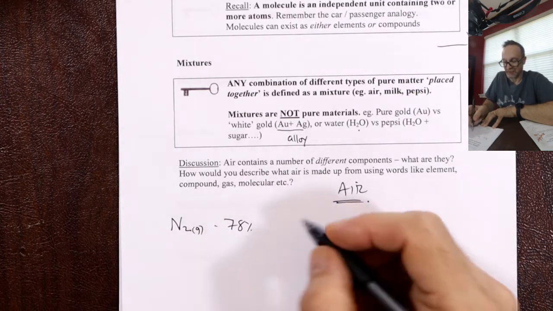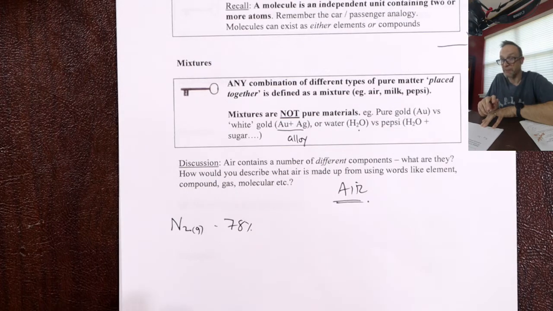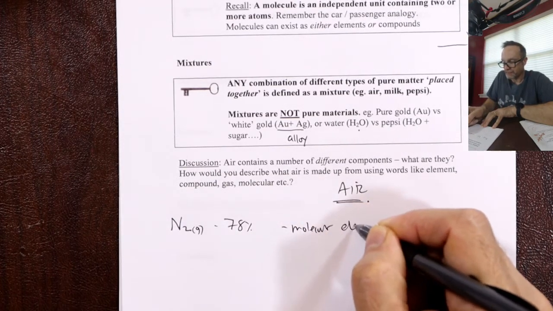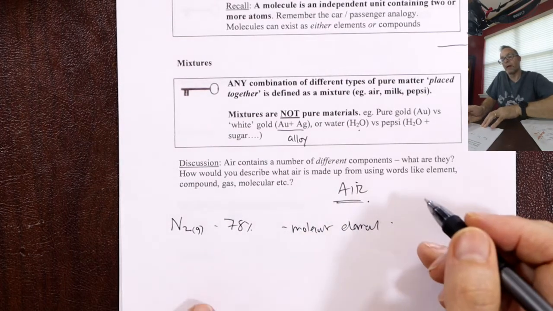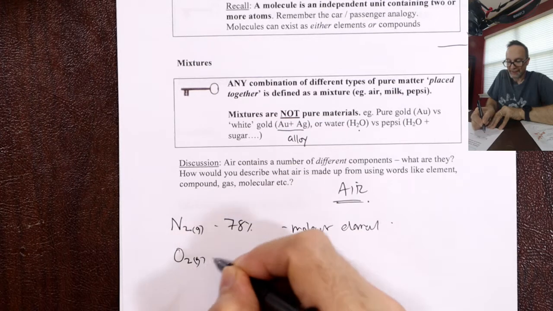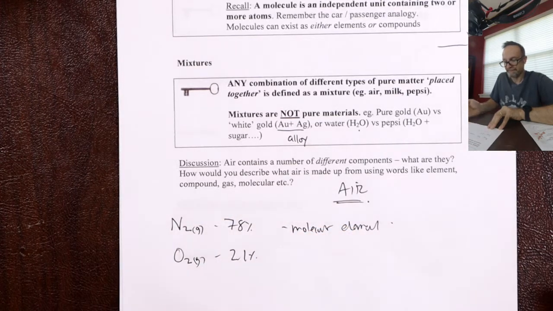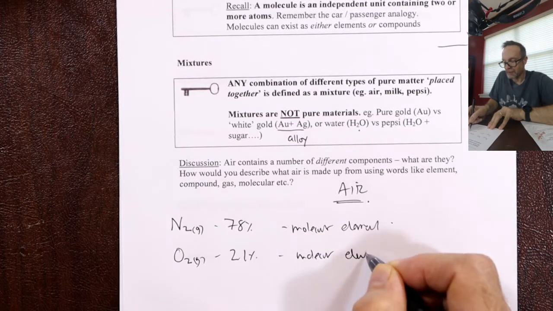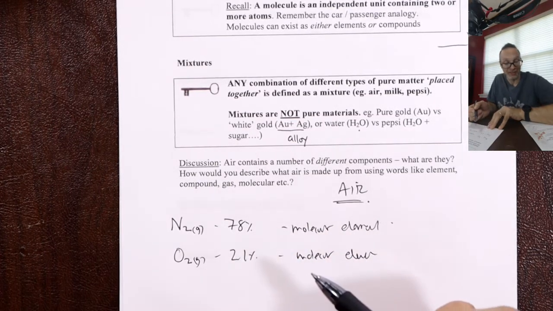But if you just had nitrogen by itself, right, what would it be? It would be a molecular element. Okay. The second biggest component of air is actually O2. That's actually 21%, right? What kind of matter is that? That's also a molecular element. Add those two up, that's 99%, right?